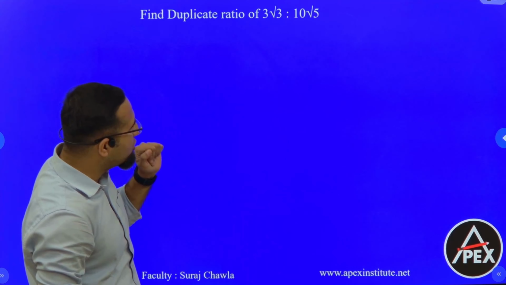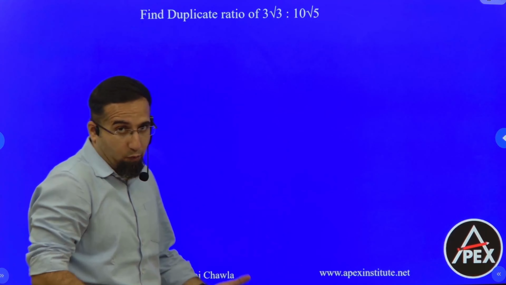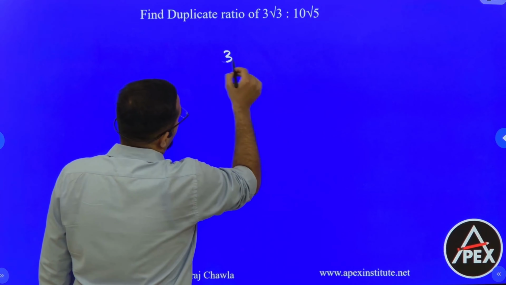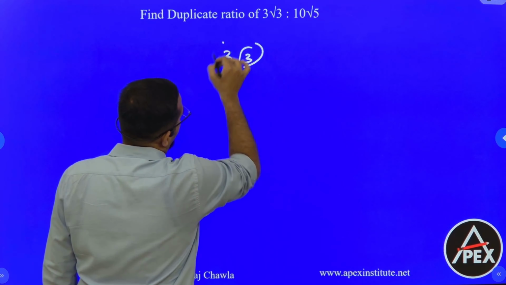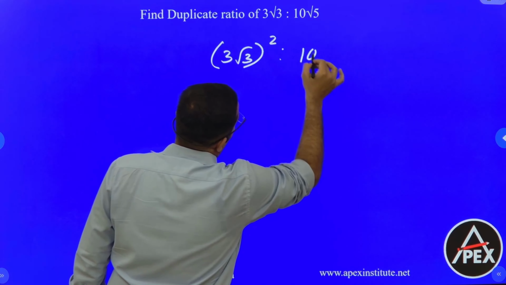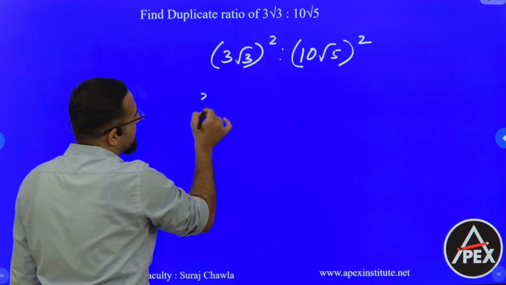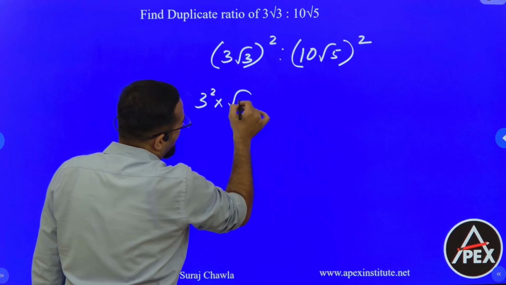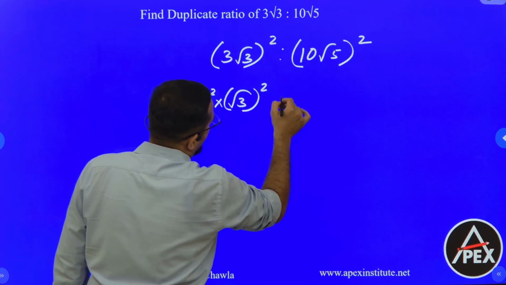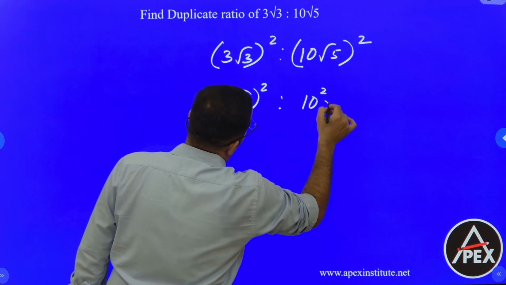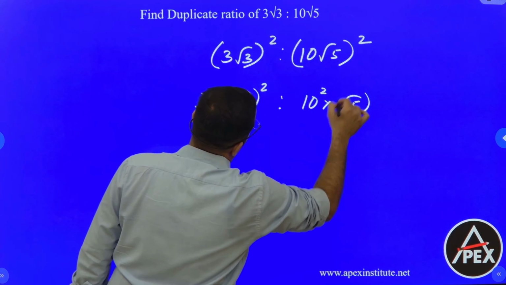Right, now let's solve this question. Find the duplicate ratio of 3 root 3 is to 10 root 5. Wow, so we have some weird numbers. So I have 3 root 3 whole square is to 10 root 5 whole square. Now this can be broken as 3 square into root 3 whole square is to 10 square into root 5 whole square.